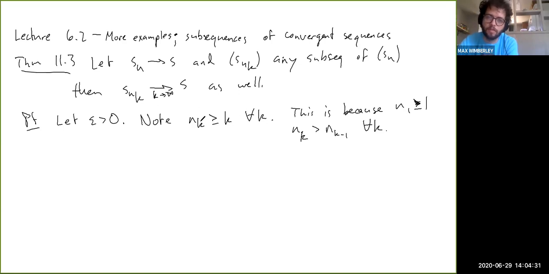So this is just sort of this weird little technical thing that they take advantage of to make this argument simple. So there exists an N such that for all n bigger than capital N, we have Sn minus S is less than epsilon.